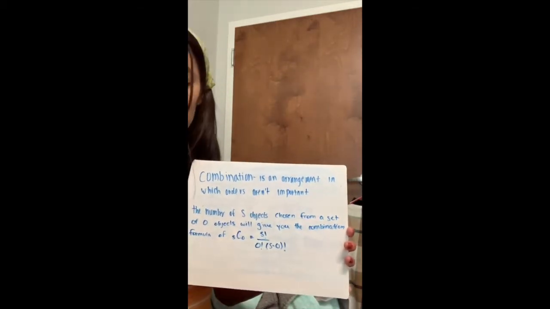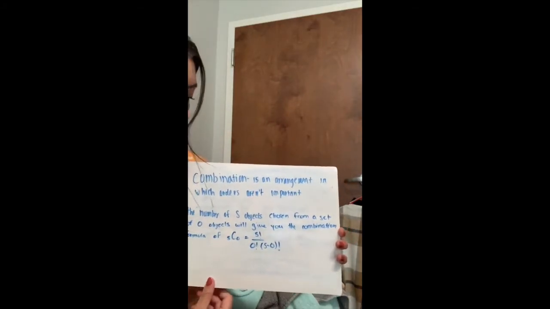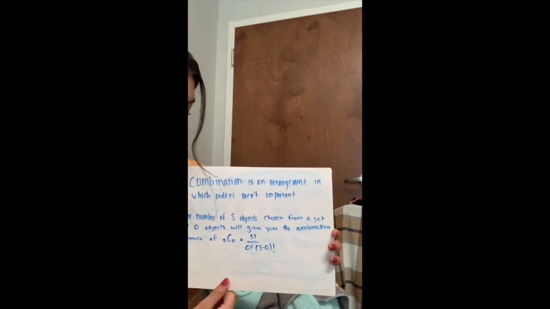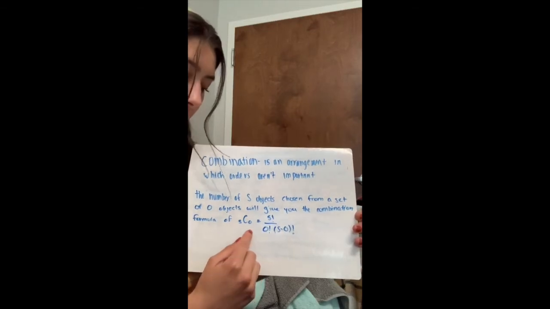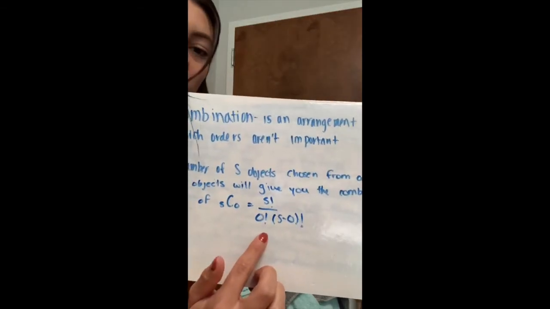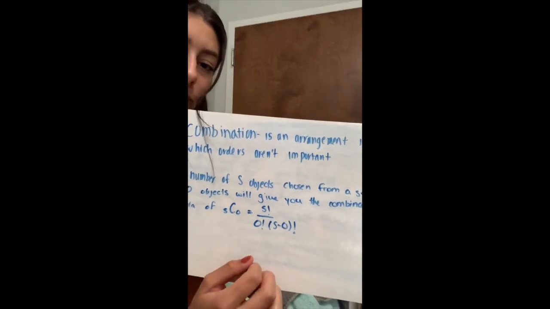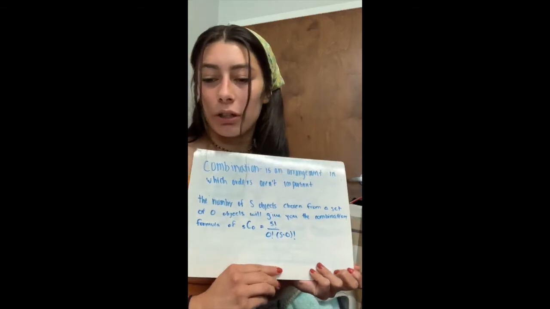The number of S objects chosen from a set of O objects will give you the combination formula of SCO. And it's going to write out to S like that, and then the O and S minus O. And for our example, like I said, it'll make it more clear.